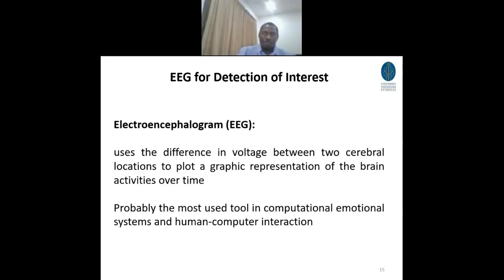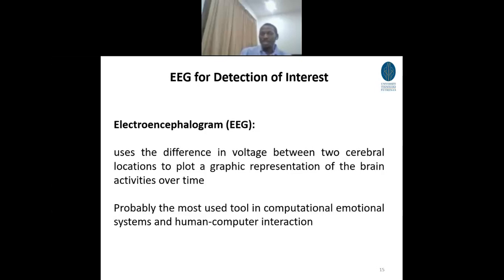Okay, for those who are not that familiar, electroencephalogram uses the differences in voltage between two cerebral locations to plot a graphic representation of brain activity over time. So in short, we are just measuring the electricity that is flowing in the brain. If a particular part of the brain is highly activated, you may have a higher voltage.